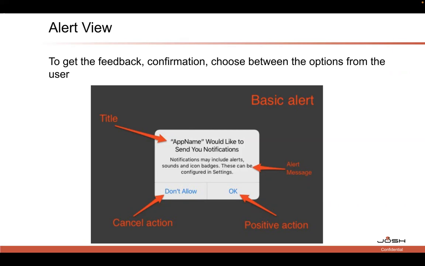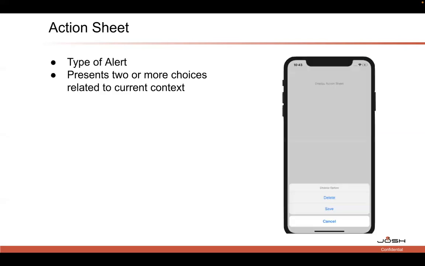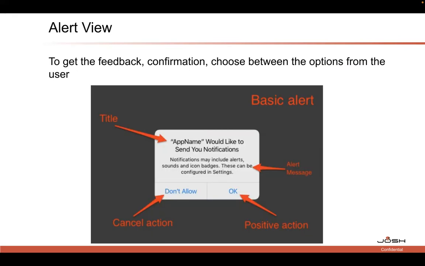Here the major components are the title, which is the title of the alert, then the alert message, which is descriptive text that provides more detail about the reason for the alert, and then the alert style. So we can see this is the alert, and the next alert style is the action sheet. That we will cover in the next topic. And some alert actions.